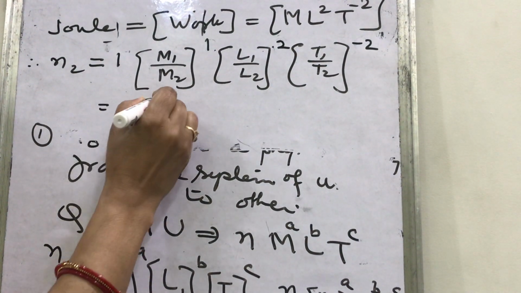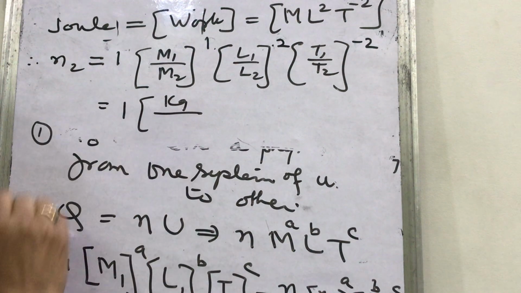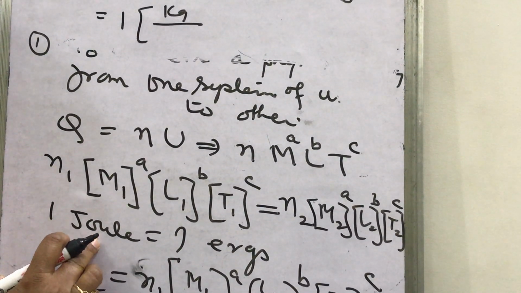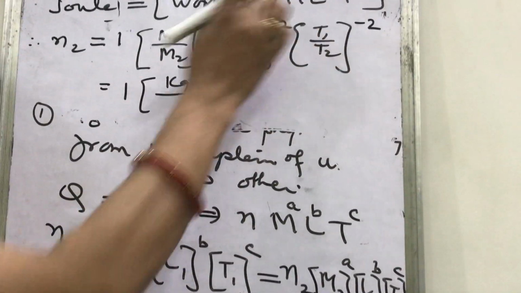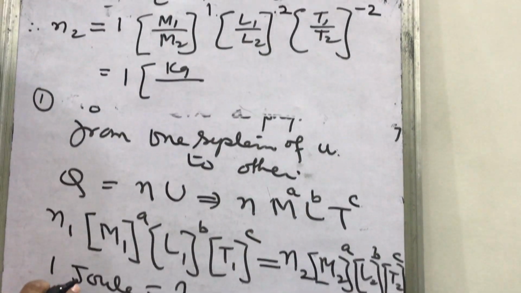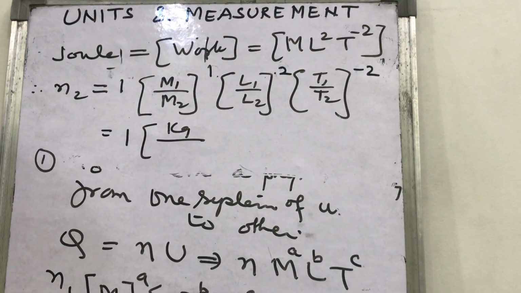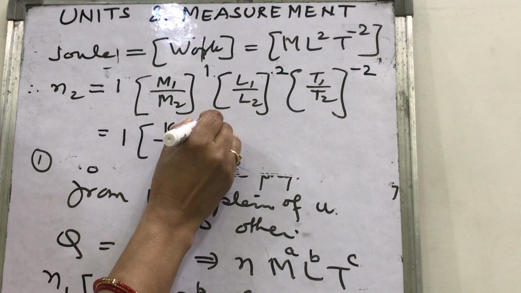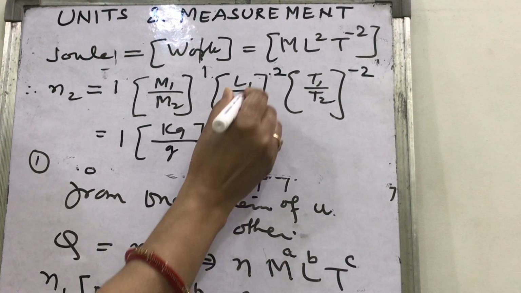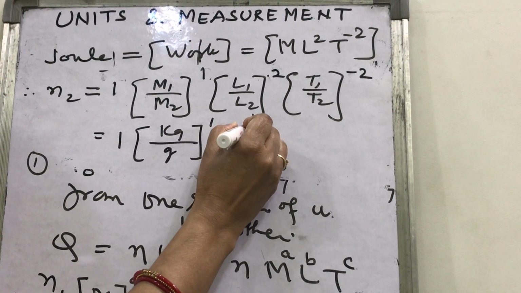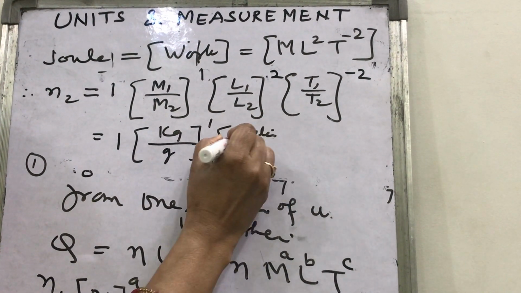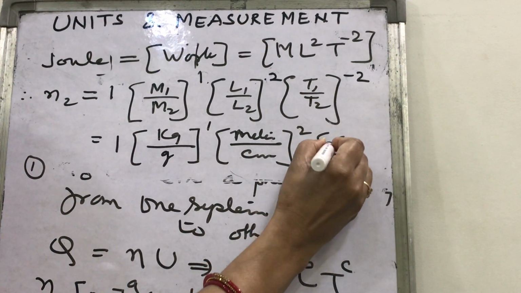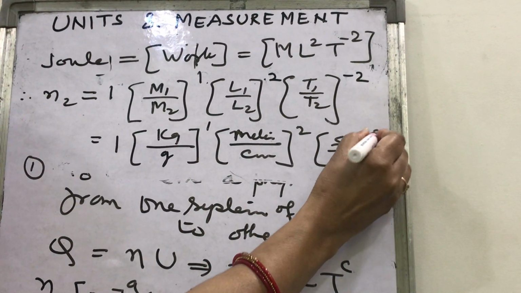The other system, erg, is the CGS unit, and joule is the SI unit. So for joule, mass is in kg, length in meter, and time in second. You write kg upon gram to the power 1, meter upon centimeter to the power 2, and second upon second to the power minus 2.